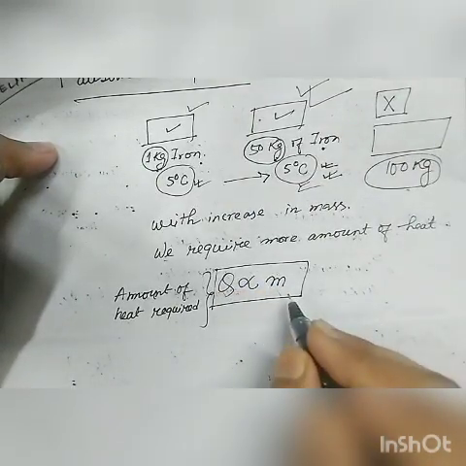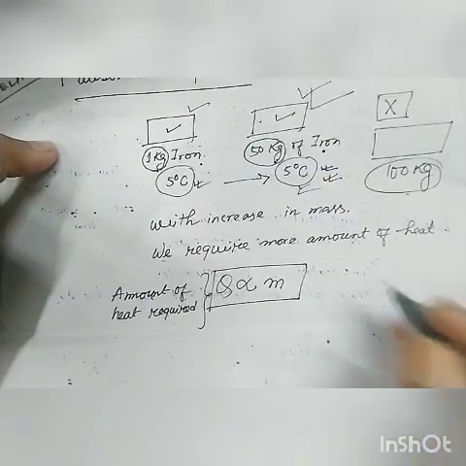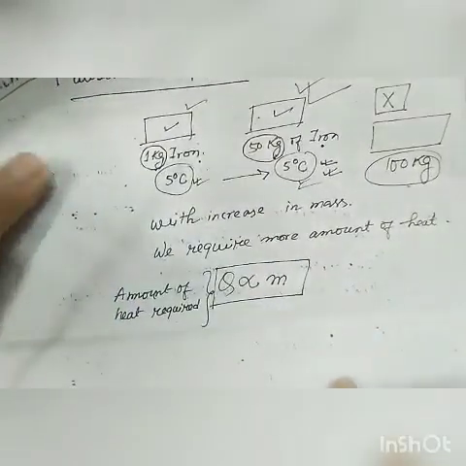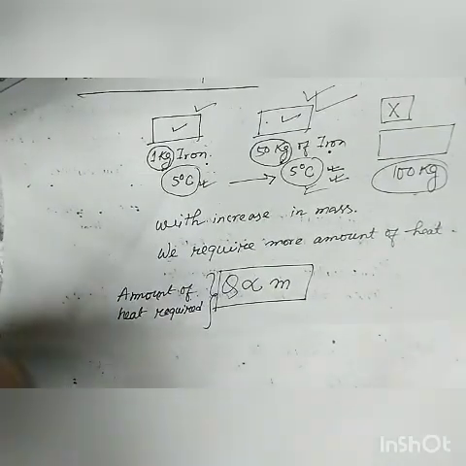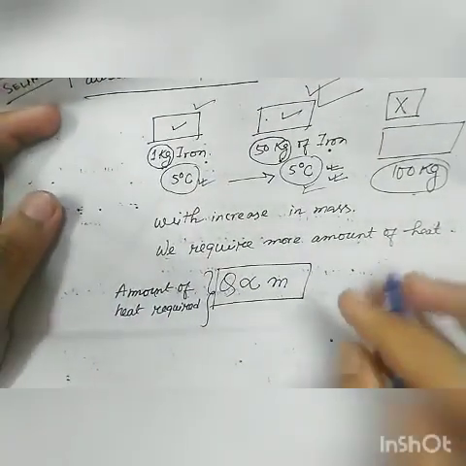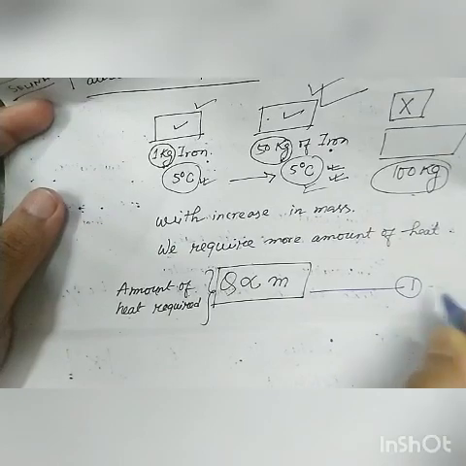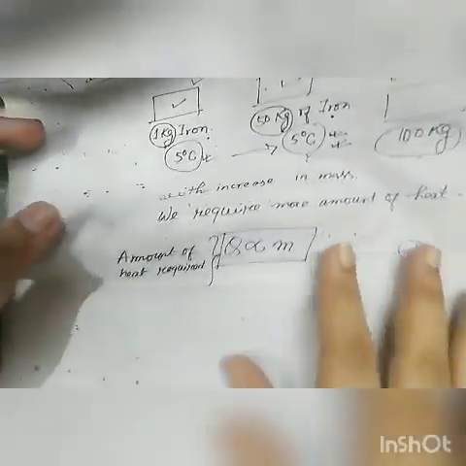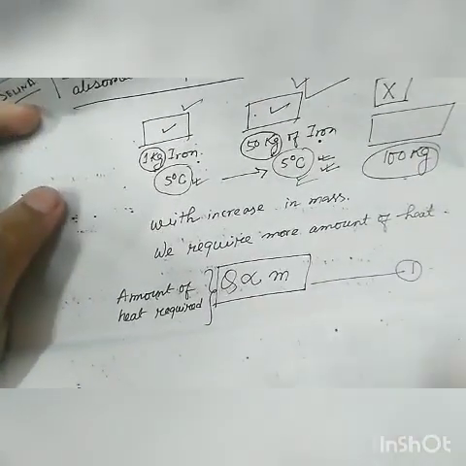It means the more the mass, the more heat is required. I will mark this as equation number 1. It's basically common sense. If your object has more mass, it will take more heat. Clear?